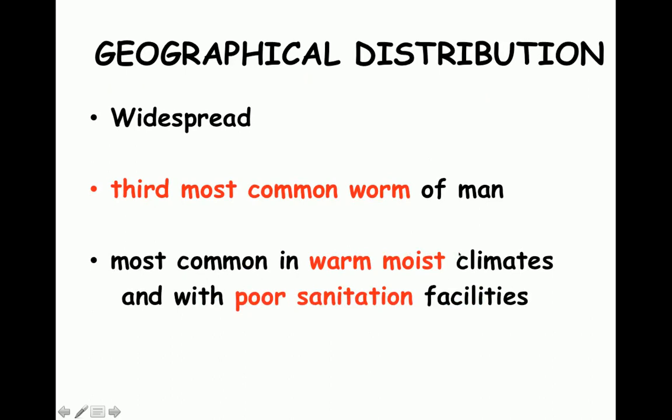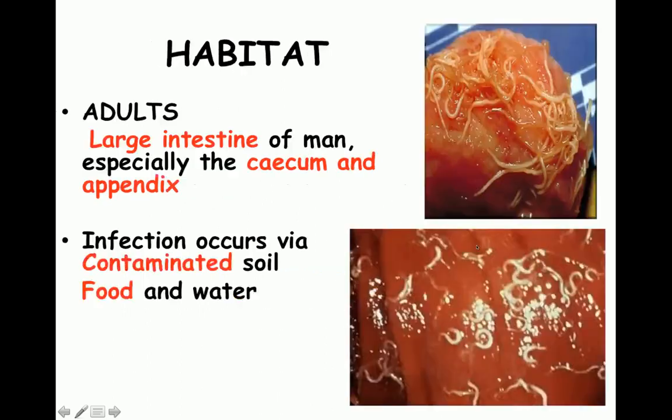This parasite is widely distributed in the world, and it is considered the third most common parasite of man or humans. And it is seen in places where there are poor sanitation facilities like the third world countries and in moist, warm climates. It's a parasite of the large intestines, so it is mainly seen in the colon, cecum, or the appendix.